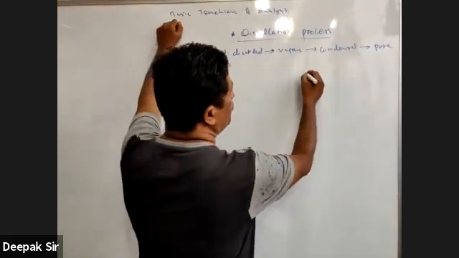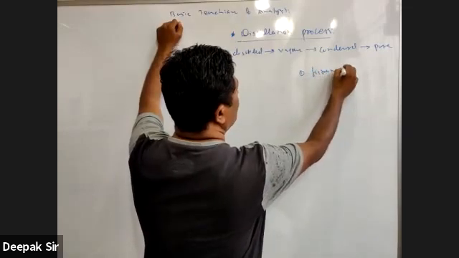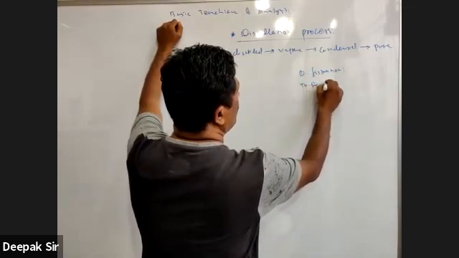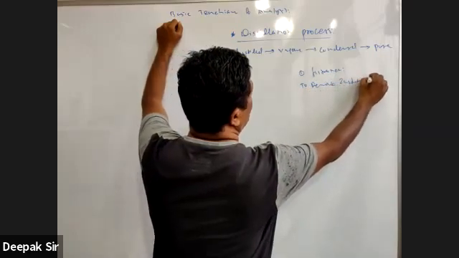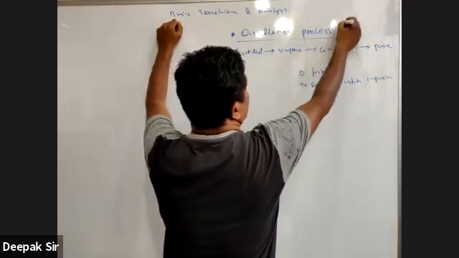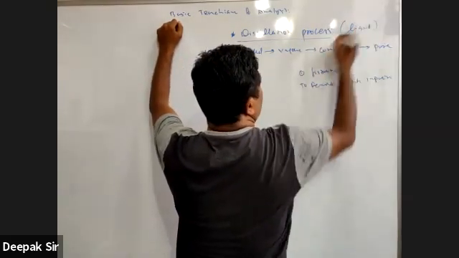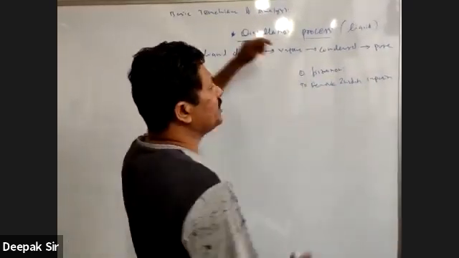So पहला जो स्टेप है फिल्ट्रेशन है. फिल्ट्रेशन किस लिए है? To remove insoluble impurities. And this distillation is mainly used for liquids, for the purification of liquid or for the separation of liquids. So filtration to remove the insoluble impurities.